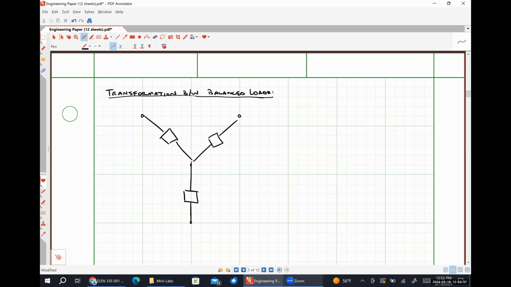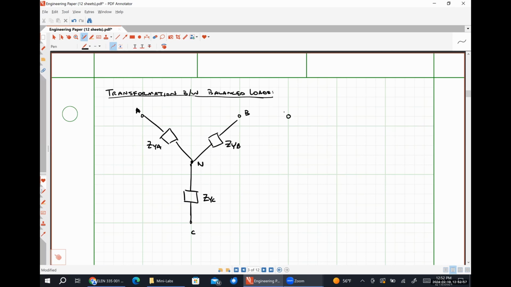And for the sake of argument, let's say that not all of these are the same impedance just yet. So this guy here would be an impedance ZYA, this guy here would be an impedance ZYB, and this guy here would be an impedance ZYC, and we have a neutral conductor there in the middle.